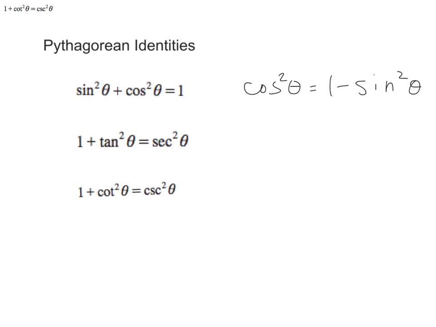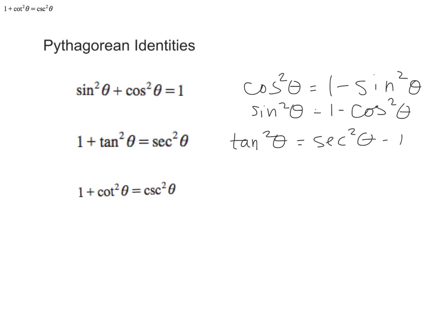We could say that sine squared theta is equal to 1 minus cosine squared theta. Or for the next one, we could say that tangent squared theta is equal to secant squared theta minus 1. Like any way that you can rearrange them. I'm not going to write out all the arrangements, but any way that you could rearrange them, it's okay to do that. This is just kind of their most common form.